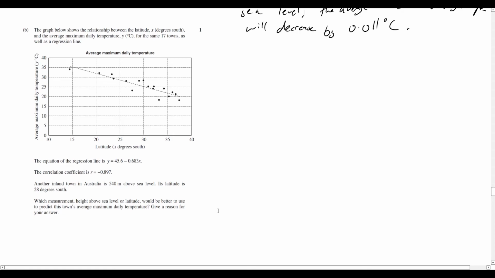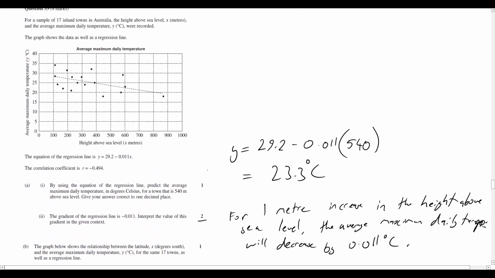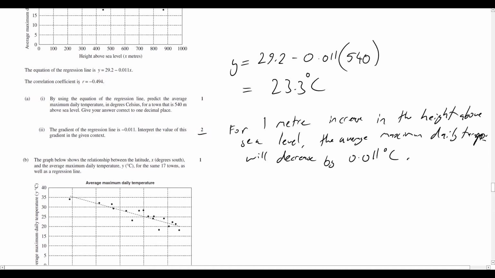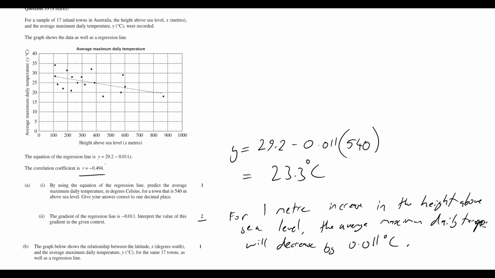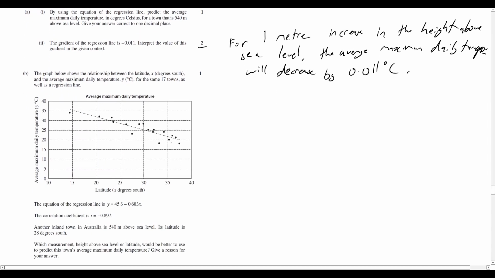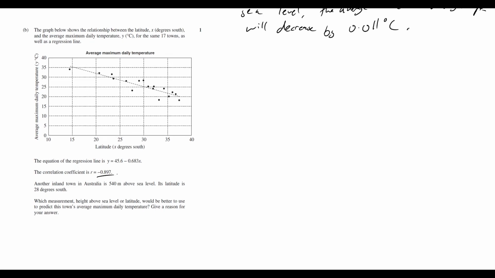Okay, so we need to pick height above sea level or latitude. Let's have a quick look at these two and see what they look like. On this first graph, the points are a little more scattered than on the second graph. What that relates to is our correlation coefficient. For the first graph, we had a correlation coefficient of minus 0.494, and for the second one, minus 0.897.